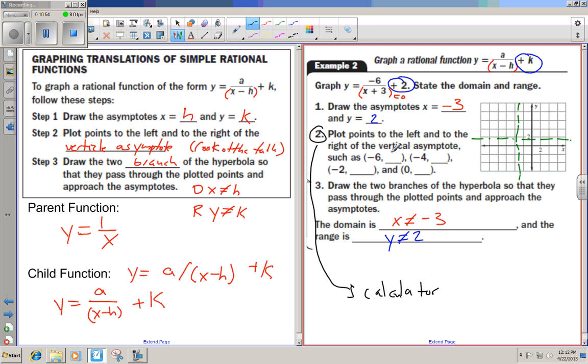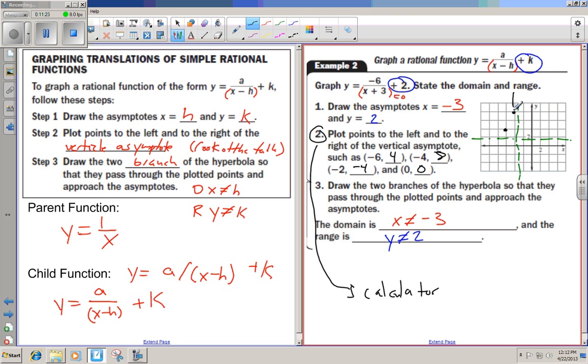Negative 6 maps to 4. Negative 4 is 8. Negative 2 is negative 4. And 0 is 0. So negative 6, 4. Negative 4, 8.